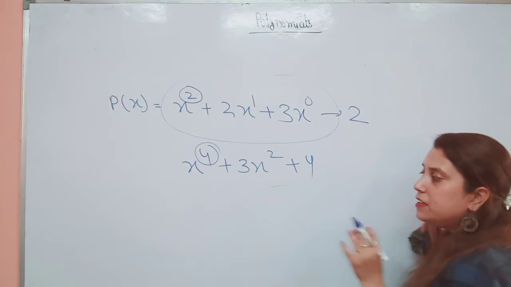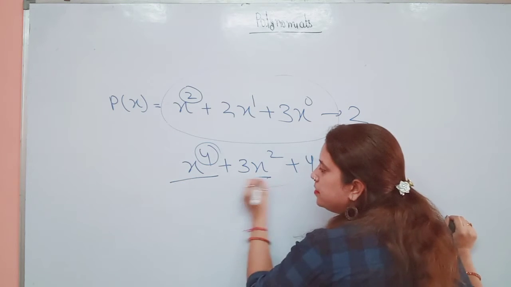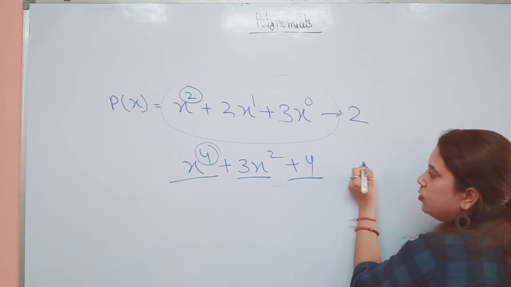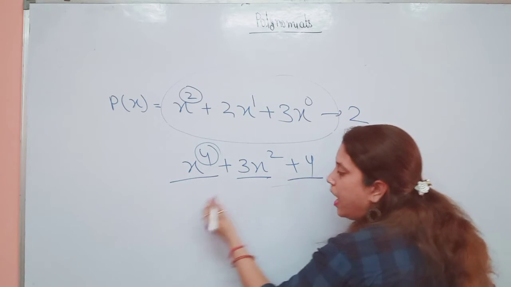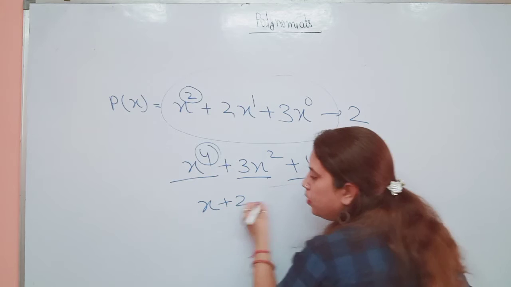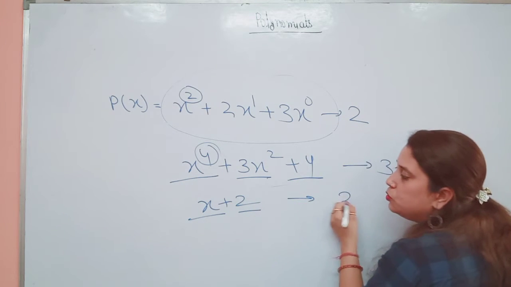Now how many terms are in this polynomial? First, second, third. So there are 3 terms. And suppose x plus 2. Now how many terms? 1, 2. There are 2 terms.